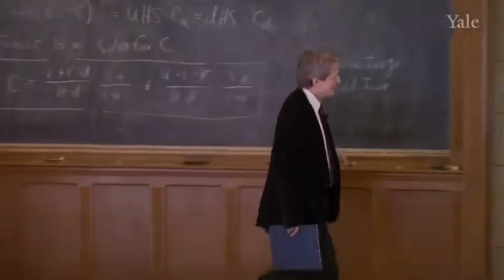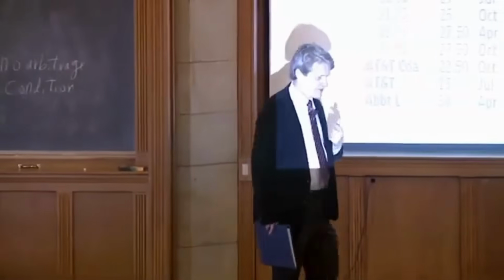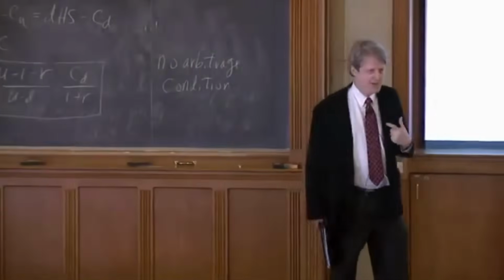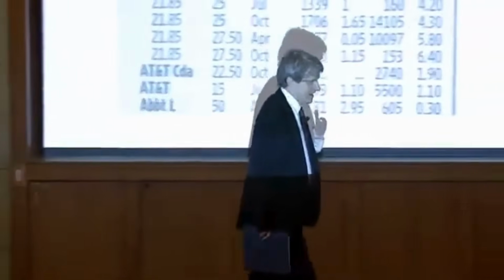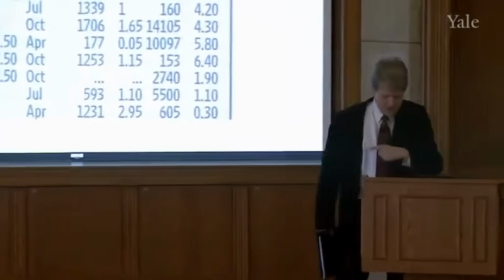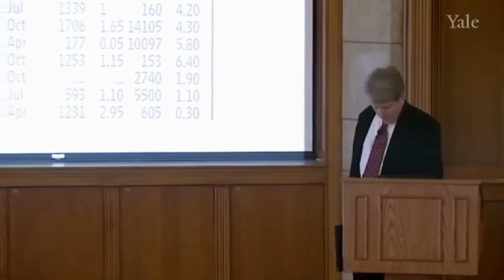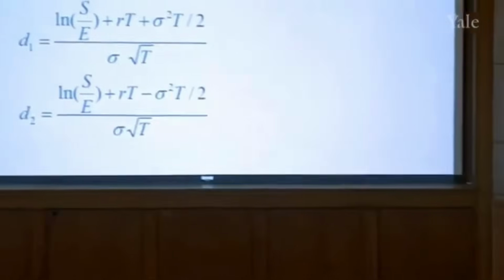So that leads me then to the famous formula for options pricing, the Black-Scholes option pricing formula, which looks completely different from that, but it's kindred because it relies on the same theory. And there it is.